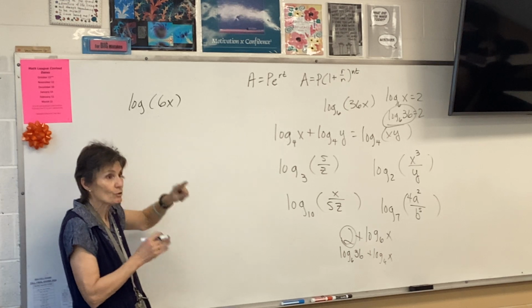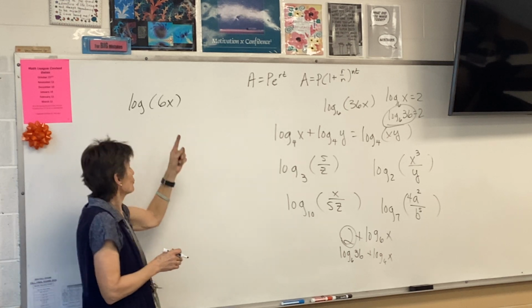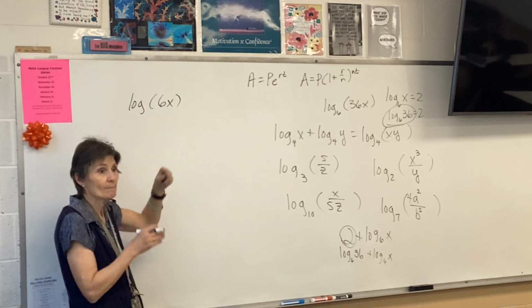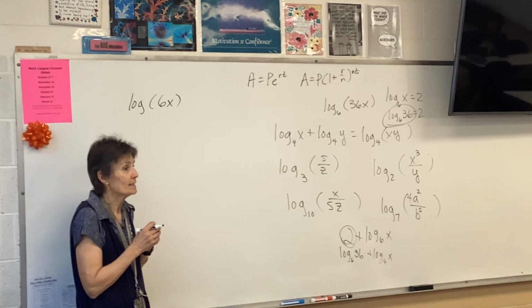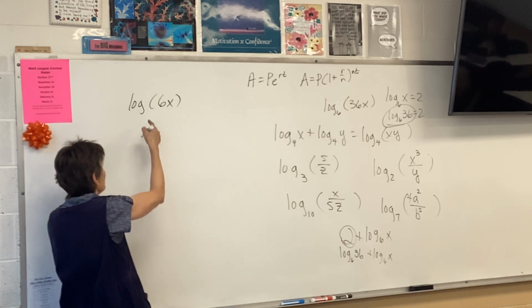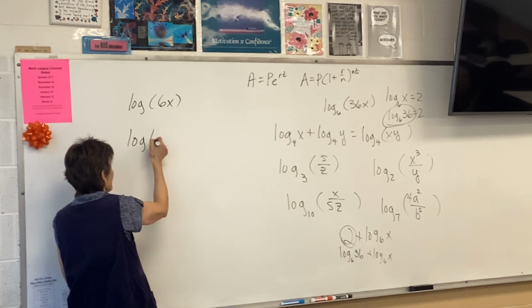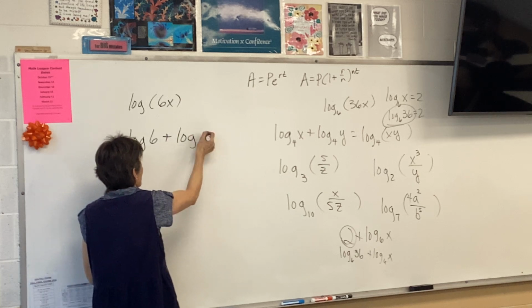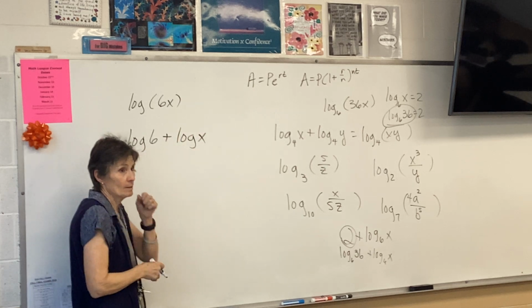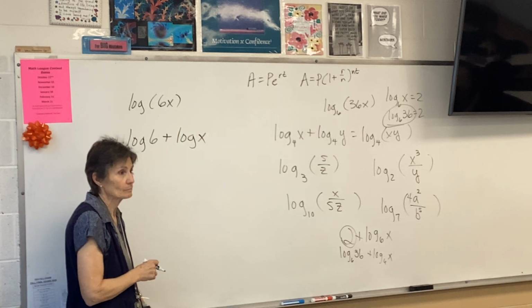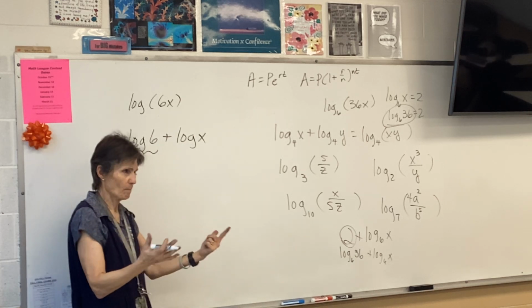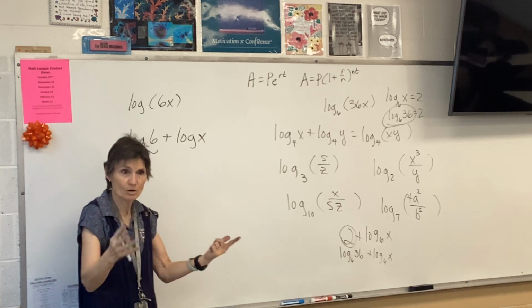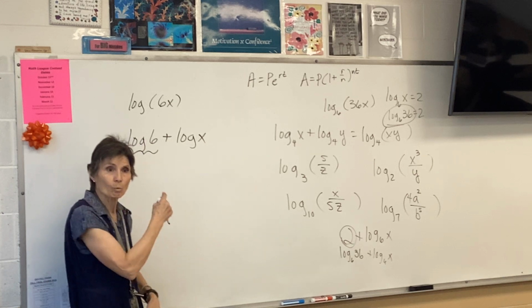Now your job is to turn that horizontal dilation into a vertical translation. And it is so easy, because wouldn't you say that these two things are equal? And isn't this just a number? Like you could type log 6 on your calculator. So what are you doing?